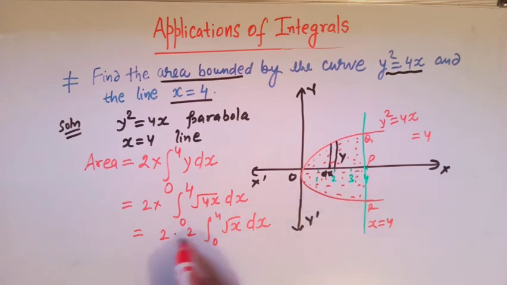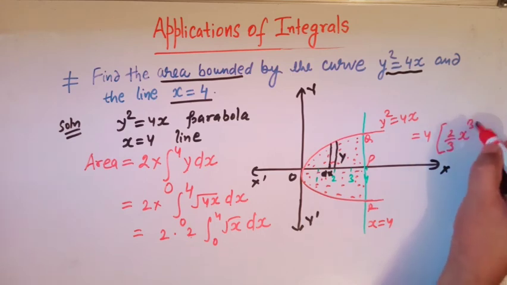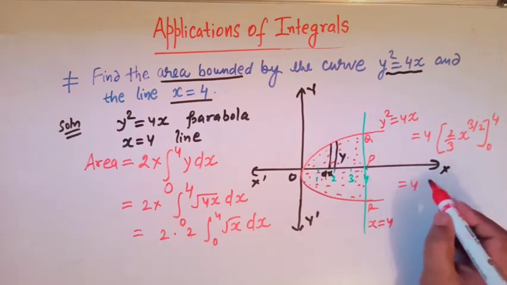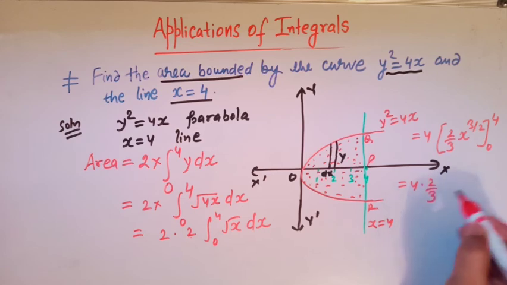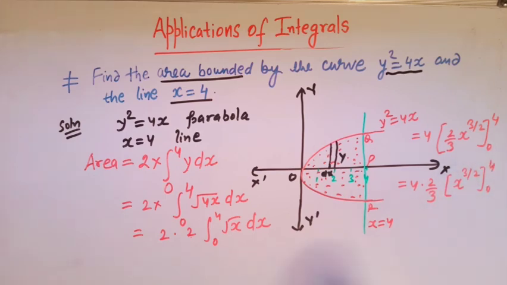The integral of x raised to half is 2 by 3 x raised to 3 by 2, from 0 to 4. Now this can be written as 4 times 2 by 3, times x raised to 3 by 2 from 0 to 4.